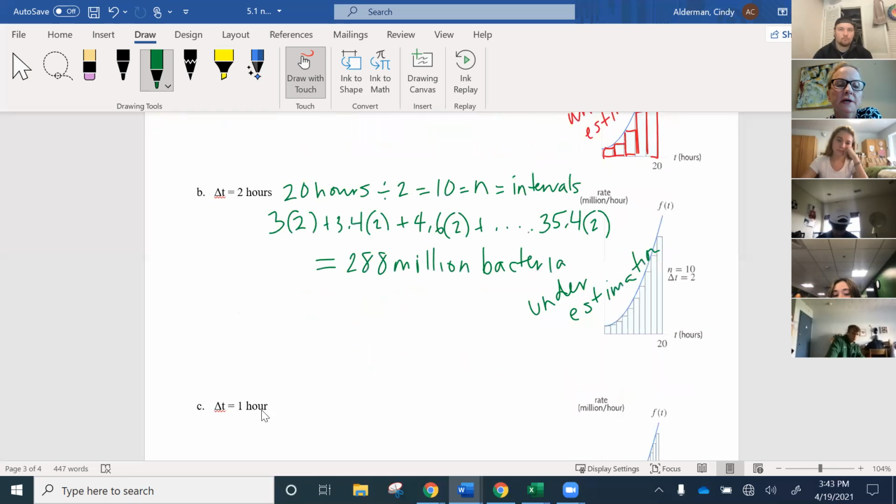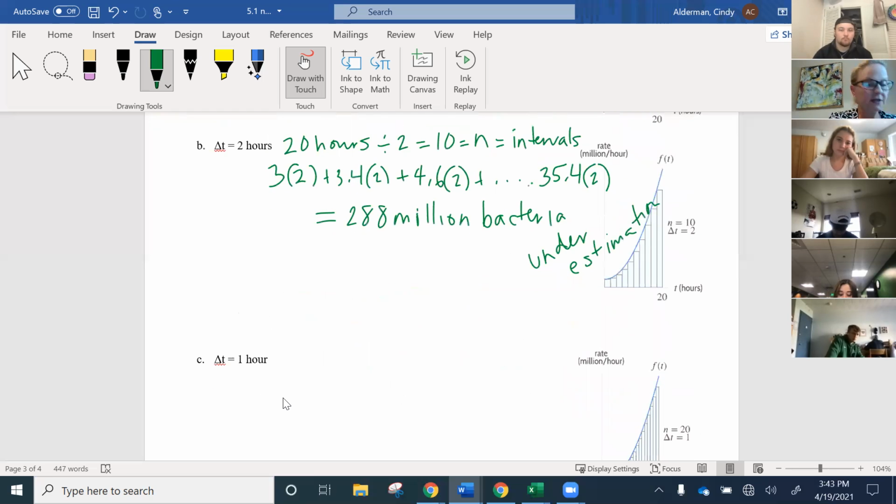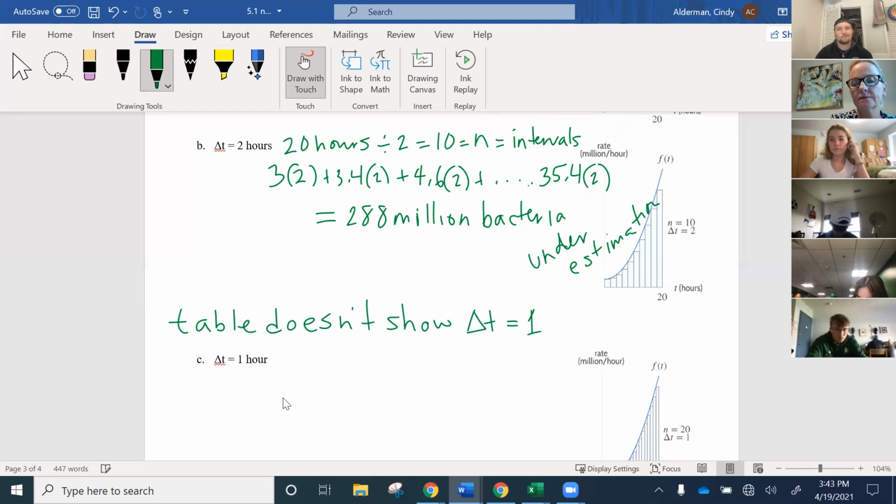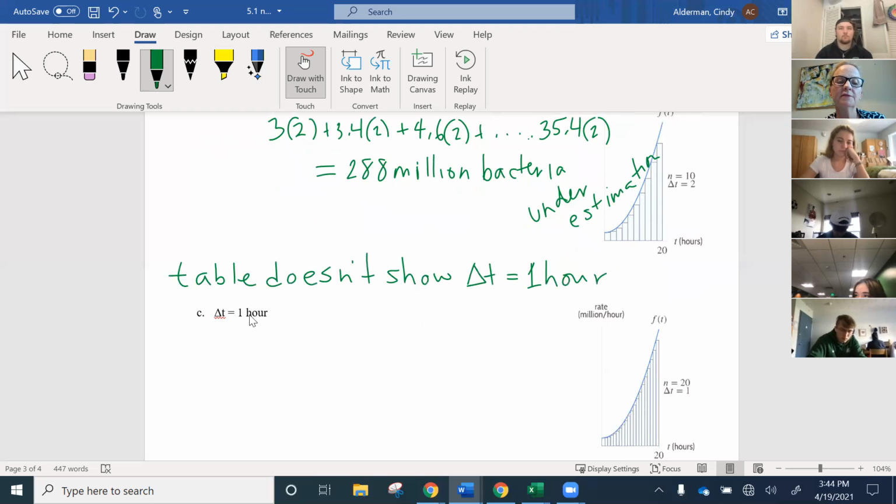So if you go from 2 hours to 1 hour, the table does not include this. But I'm hoping that you would see that from 288 million, if you change the change in time to 1 hour, the intervals will increase and the area is going to get even more, right? It's going to go up. So let's pretend we have the table and we did 20 divided by 1 hour.